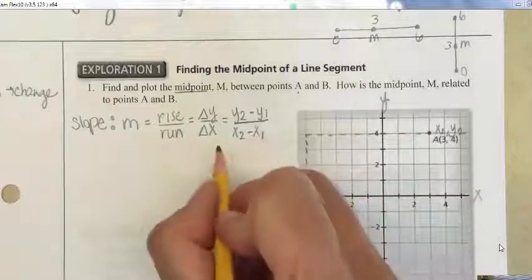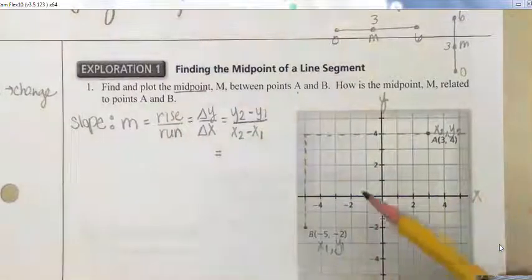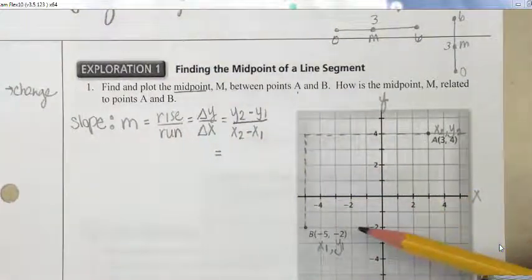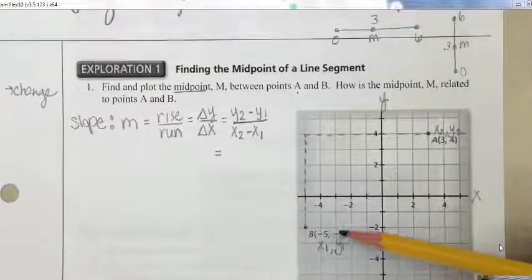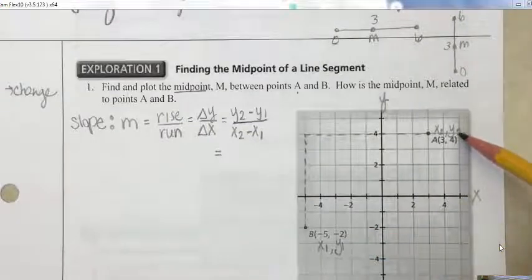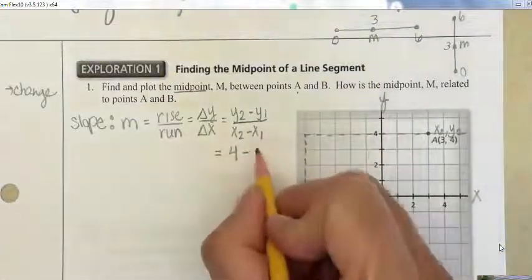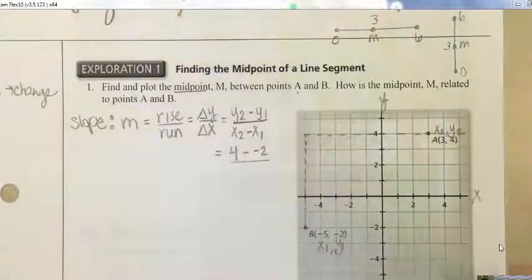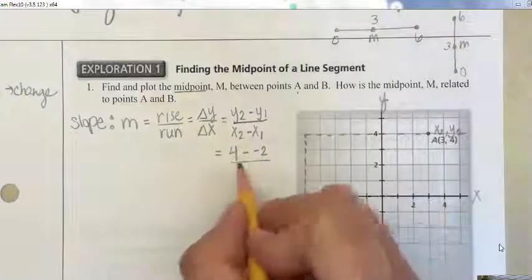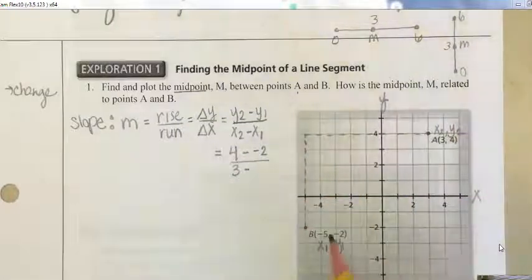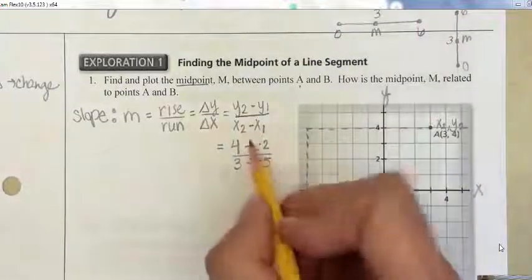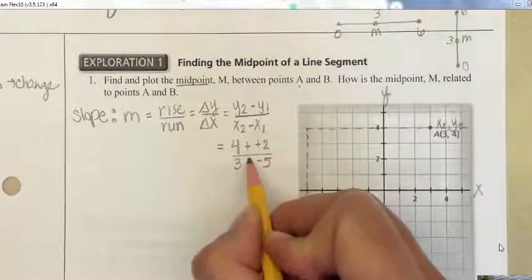Okay, so let's go ahead and do this. If we just use slope, let's see if we can find where the midpoint is. So let's take y2, which is 4, minus y1, which is -2, and put that over x2, which is 3, minus x1, which is -5. Well, a minus and a negative become positive.